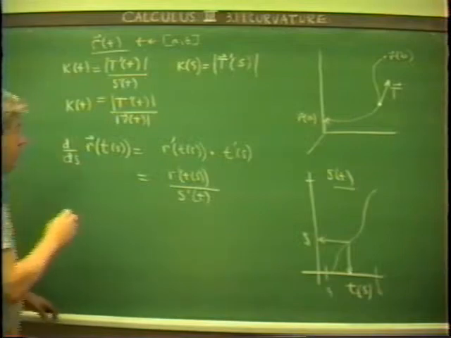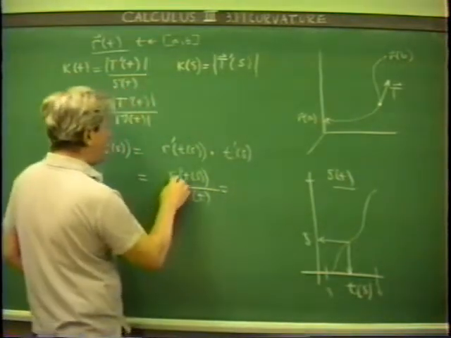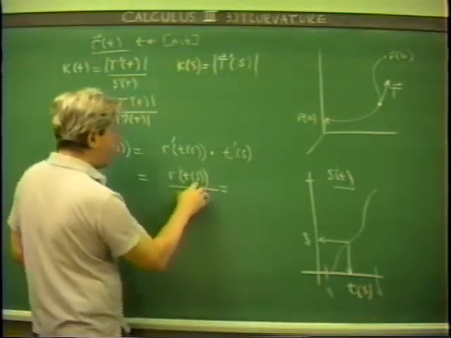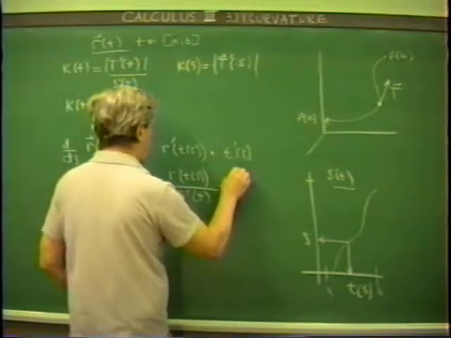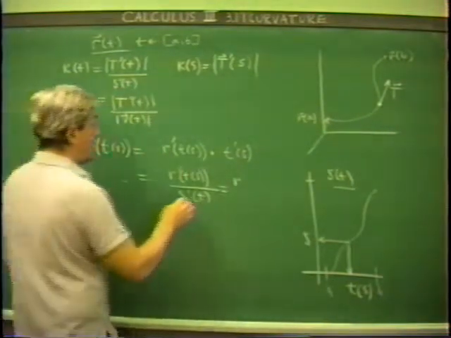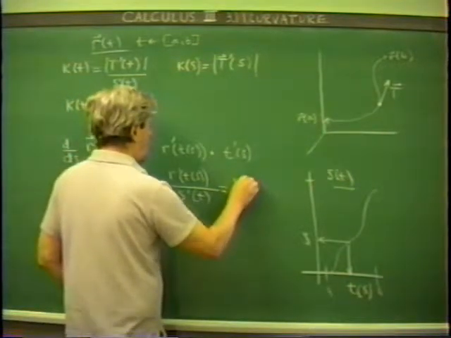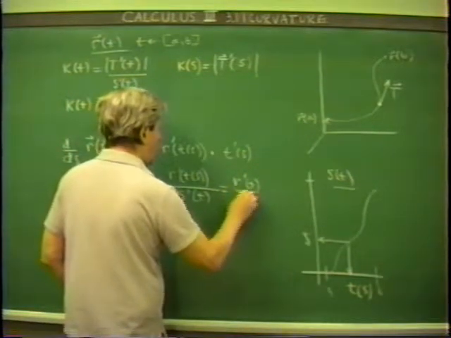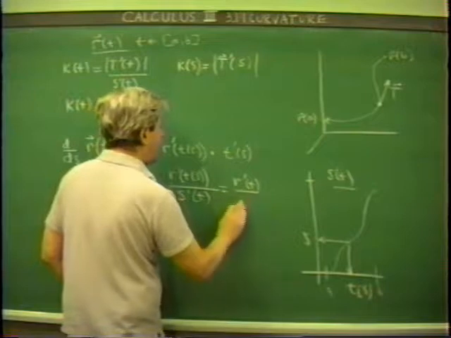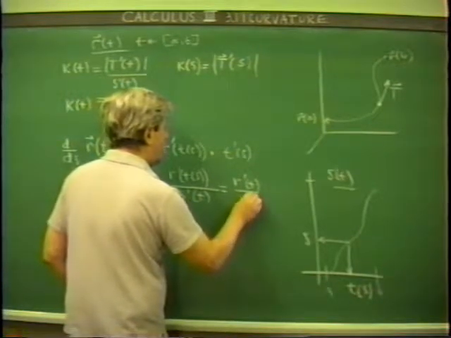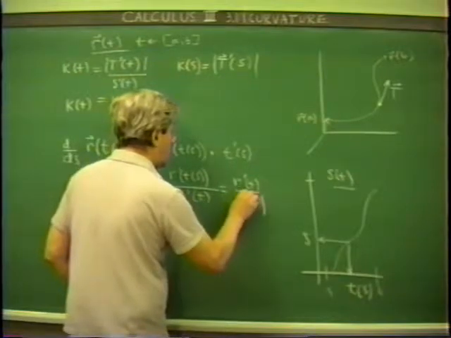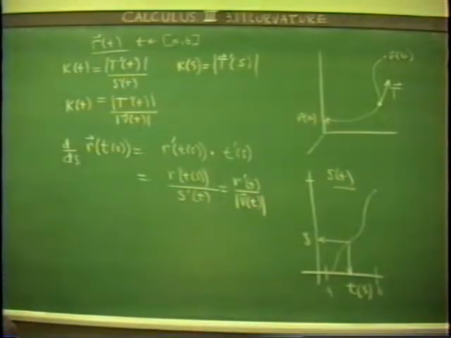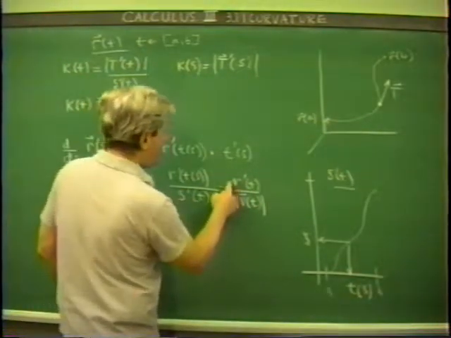The derivative of t at s is 1 over the derivative of s of t, so this is over s prime of t. And so, what is this? This is the derivative of r at a particular point t, where we're looking at t of s. So this is r prime at t over s prime at t. s prime of t is the magnitude of v of t.